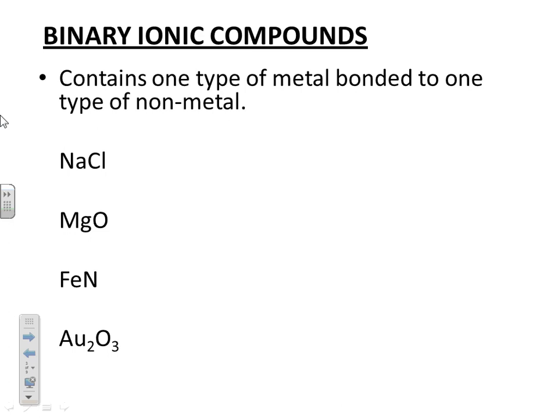Naming binary ionic compounds that have univalent metals are very easy. All we have to do is name the 2 ions. This first one is made up of a sodium +1 ion, so we call it sodium, because that's what we call the ion. And it's made up of a chloride -1 ion, so it's chloride.